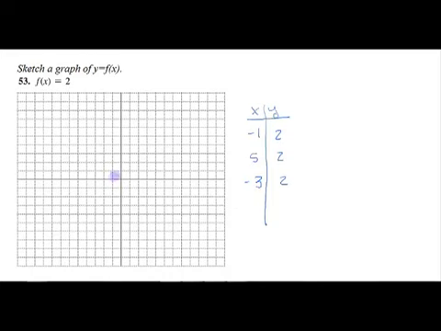When we go to graph this, we get -1, 2, 5, 2, and -3, 2. So when we draw our line through those 3 points, we end up with a horizontal line, another constant function.